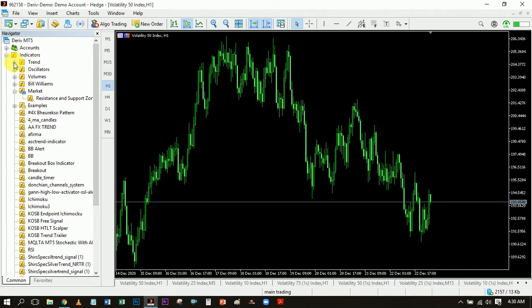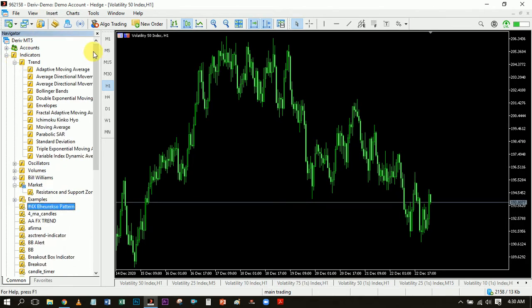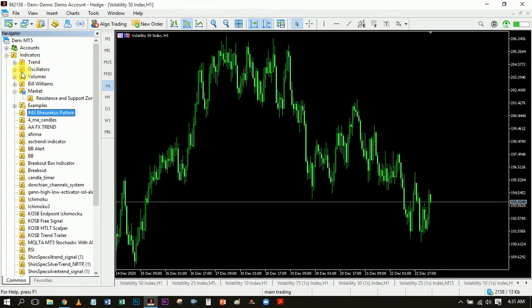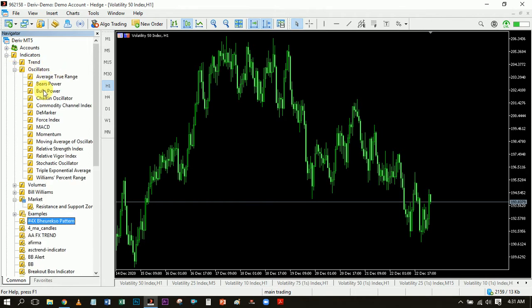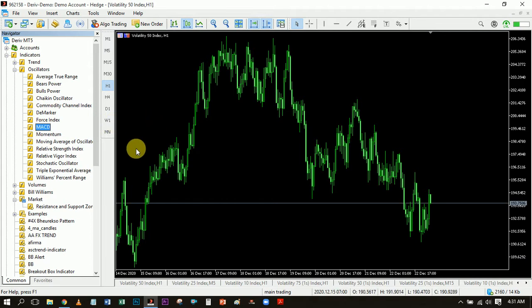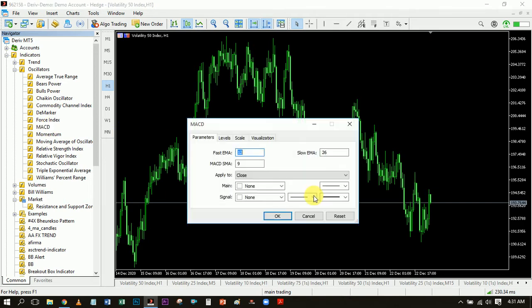So quickly here, I'm going to add the MACD to my chart. The MACD itself is an oscillator, in the sense that it helps you to know the momentum of the market. So this is the MACD, and I'll be adding this to my chart.